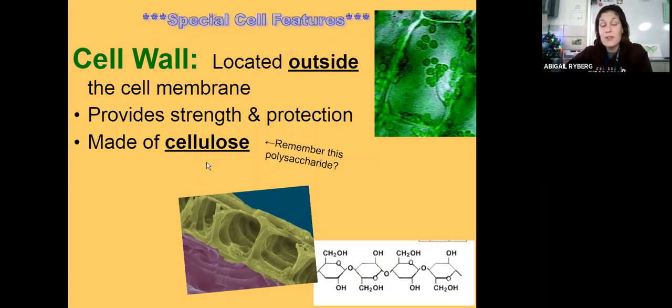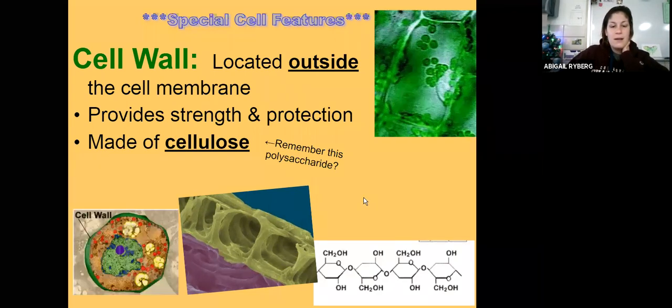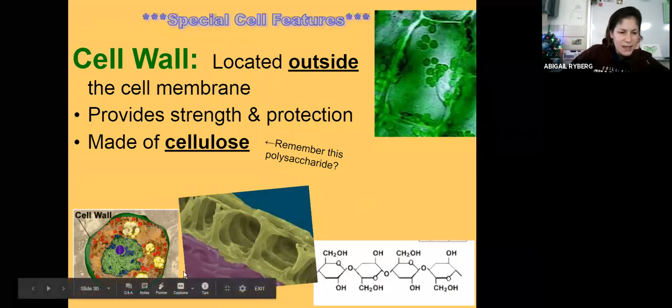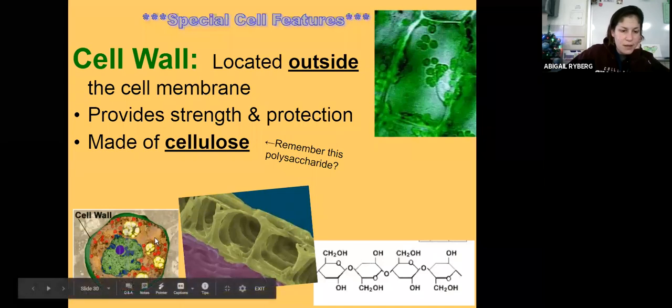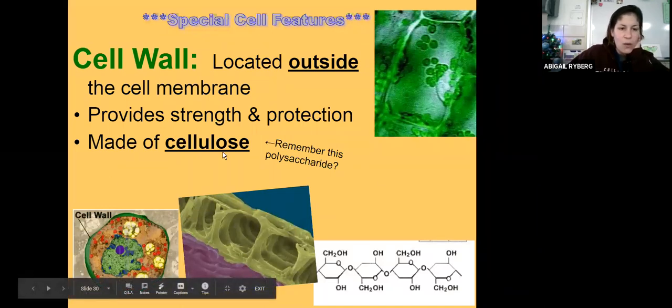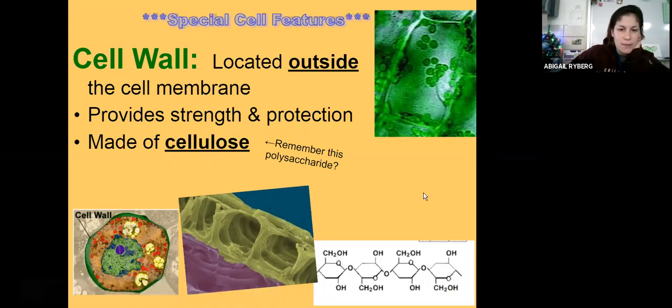So remember cellulose, we talked about this as being an important carbohydrate last unit. You can see in the image on the bottom left here the thick green cell wall made of cellulose.